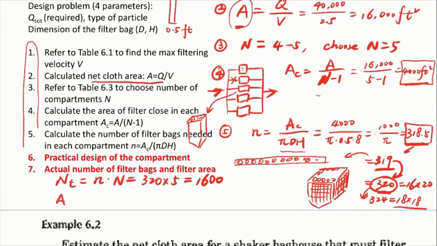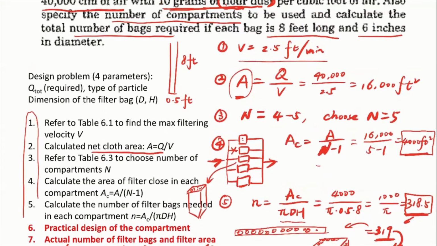And then if you calculate the actual cloth area, A_A, that's going to be N_T multiplied by pi d h, okay? So this is the area of each filter bag multiplied by the total number of the filter bags. And you see that the total area is larger than the required cloth area.